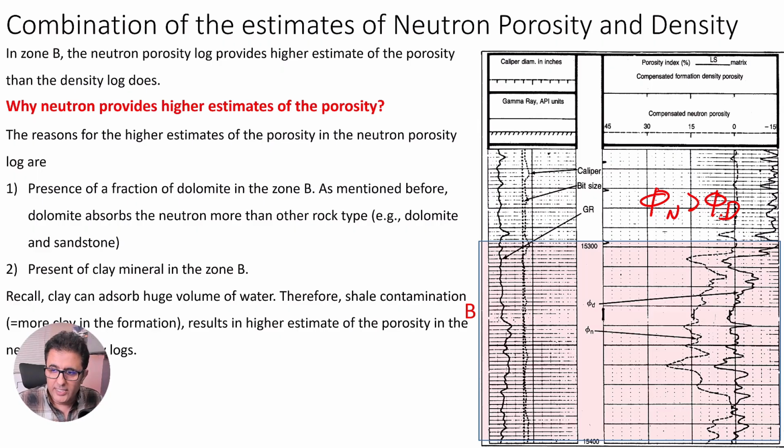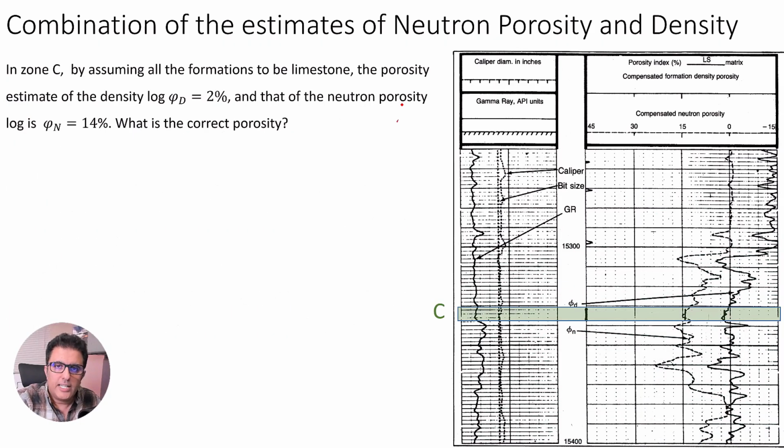And the second reason is that the formation is also shale. I'm going to talk about it in more detail later today, that shale also significantly contributes to the attenuation of neutrons.